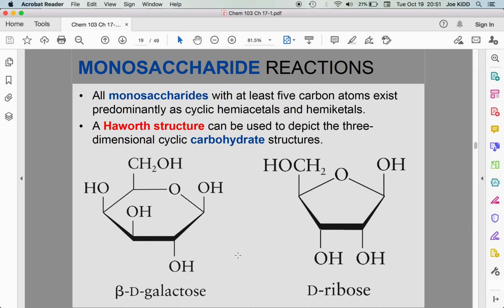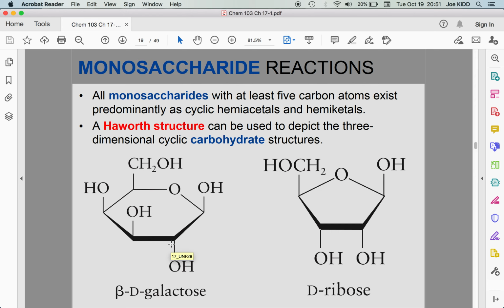So the carbohydrates that we've talked about so far and that we've seen examples of are all in their linear form. Oftentimes in our bodies and during synthesis processes, these sugars will wrap up on themselves into a cyclic form, and we have a structure that we use for how we draw these cyclic forms of the carbohydrates.